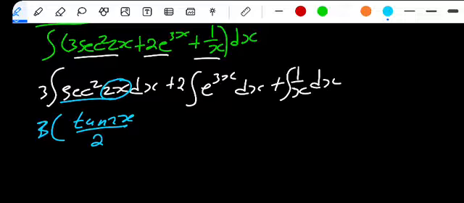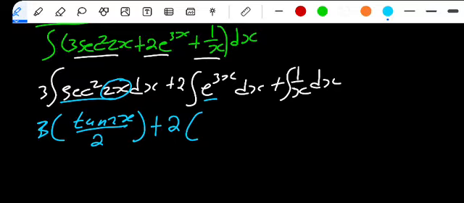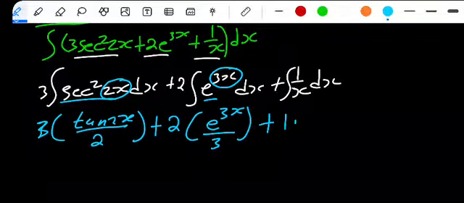Alright, plus 2 times the integral of this. You write this as it is, e raised to the power of 3x. You divide by the derivative of the exponent, which will simply equal 3, plus ln x, some constant c there.